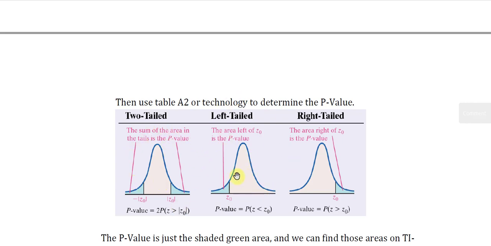For the left tail, we just find the area under the curve from very far left up to the test statistic. And for the right tail, just the area to the right of that statistic. Remember, the p-value is just the probability value, which is the area under the curve.